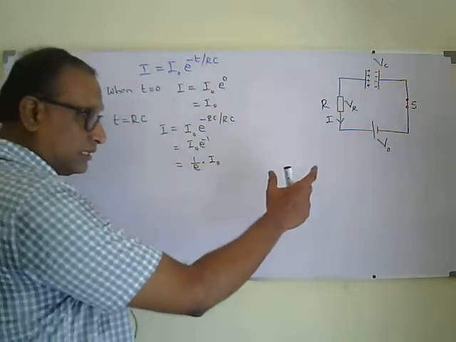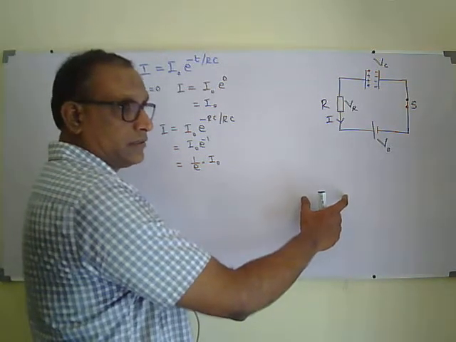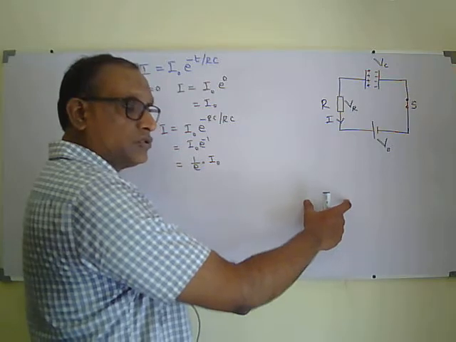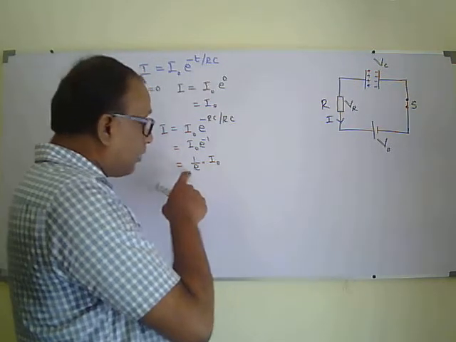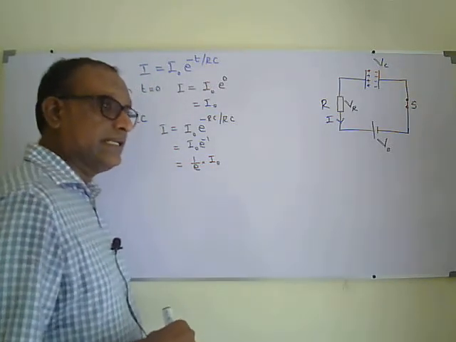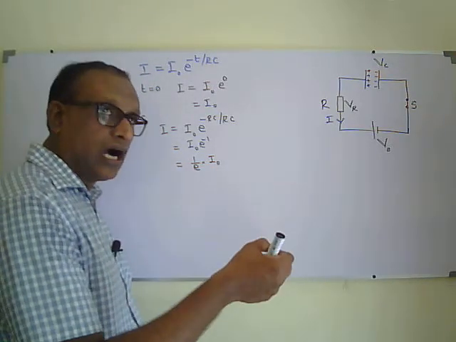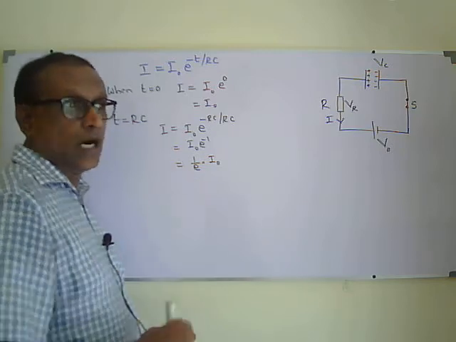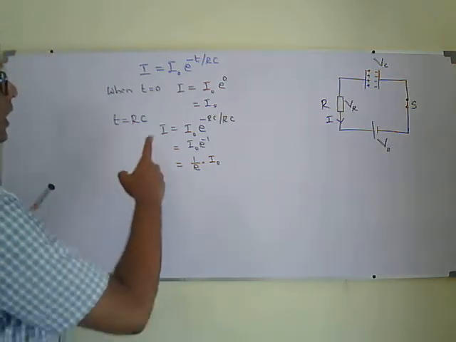So after time RC, the current will become 1 over e of I naught. Think about my previous example, 20 seconds is RC. So after 20 seconds, the current will be 1 over e of the initial current. After 40 seconds from the starting time, that is after time t equals 2 RC, what will happen to the current flow?